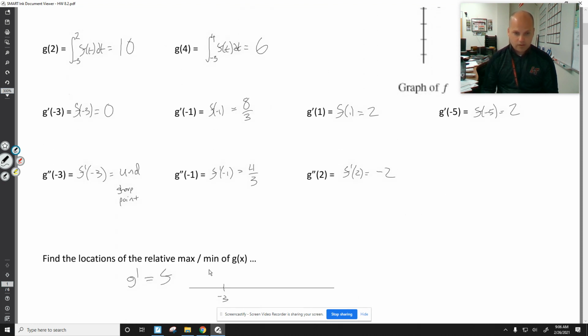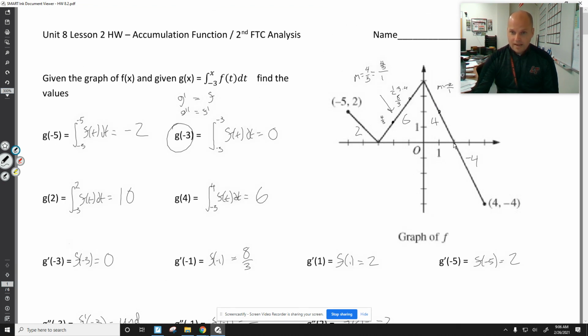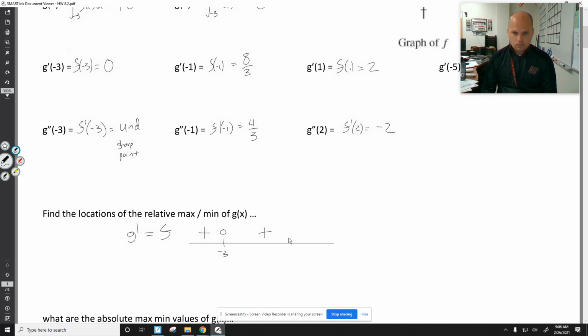So positive, it's got a 0 at -3, but then it goes back to positive. And then here, f is 0. So that means G prime is 0 at 2. So at 2, G prime is 0, and then it's negative. That is telling me that x equals 2 is a relative max of G.